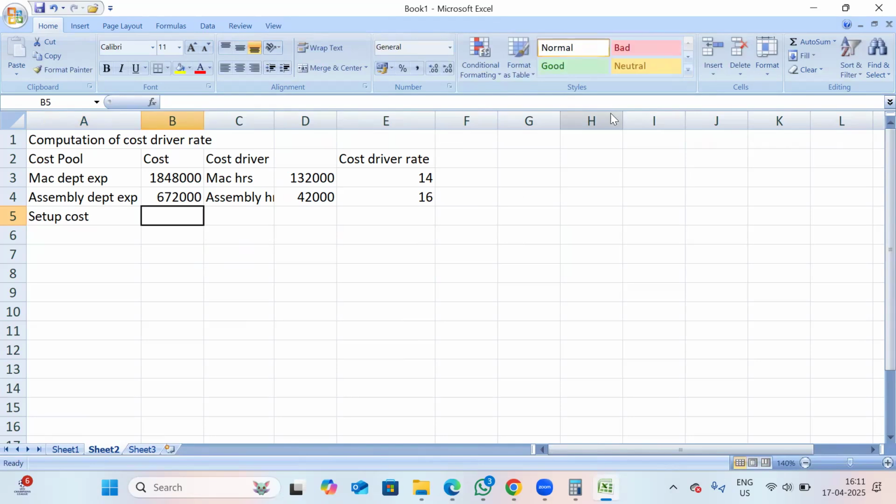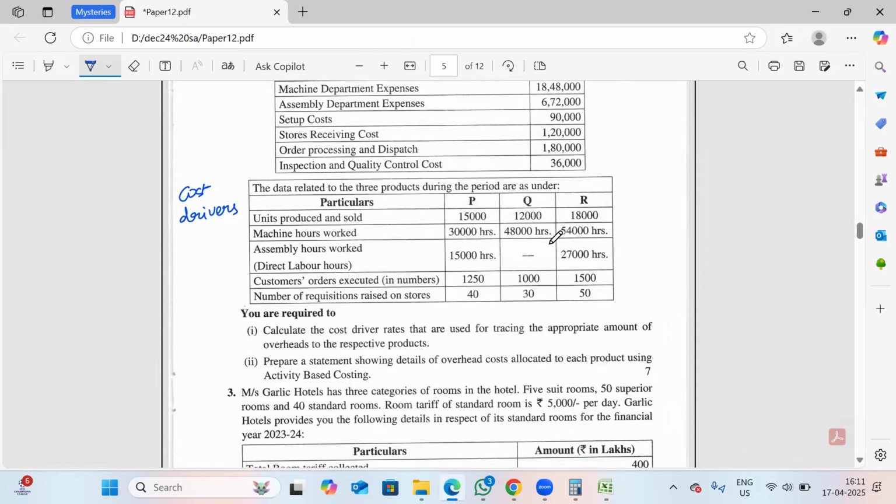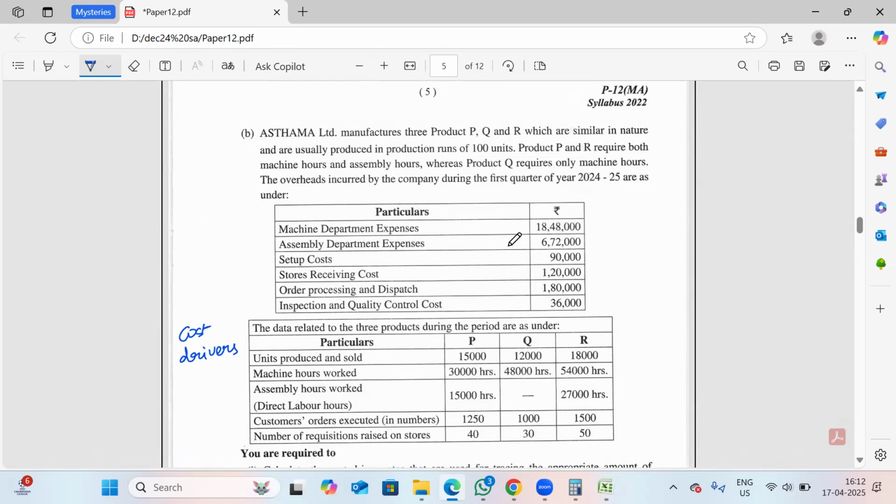This is based on production runs. Always remember this cost is based on the number of production runs. So how many production runs are there? We need to know that. In one run, we can produce 100 units, as they have mentioned that products are usually produced in production runs of 100 units.